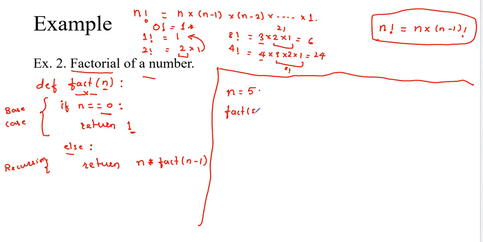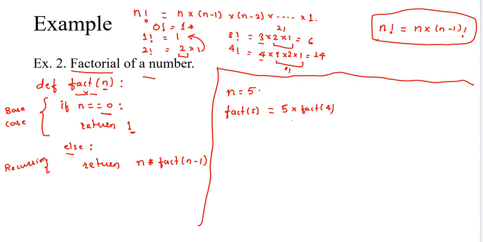When I call this function, it checks: is n equal to 0? No. Then it will go here and return 5 multiplied by factorial of 4. So this is our first answer.